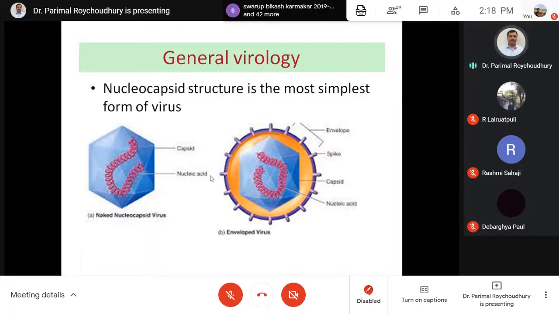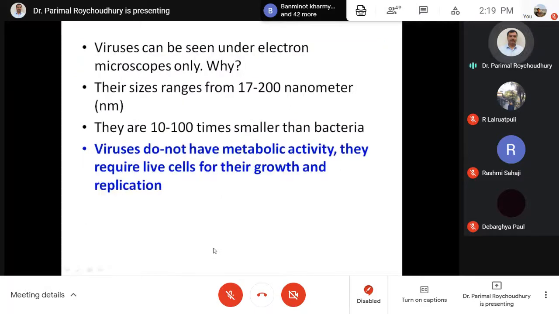Some other kinds of viruses additionally acquire a layer from the host cell during replication, where they can embed some of their proteins like spike proteins or peplomers. We call them the enveloped viruses. So basically, viruses belong to non-enveloped and enveloped types. We talked about why they cannot be seen: they are beyond the resolving power of light microscopes.